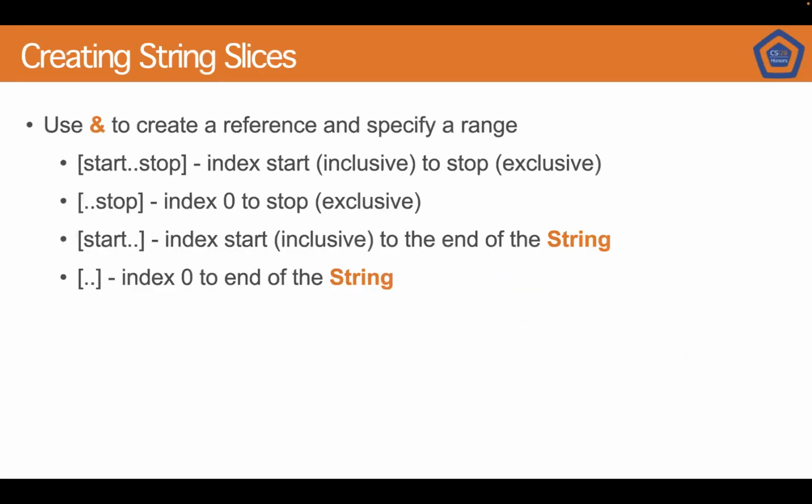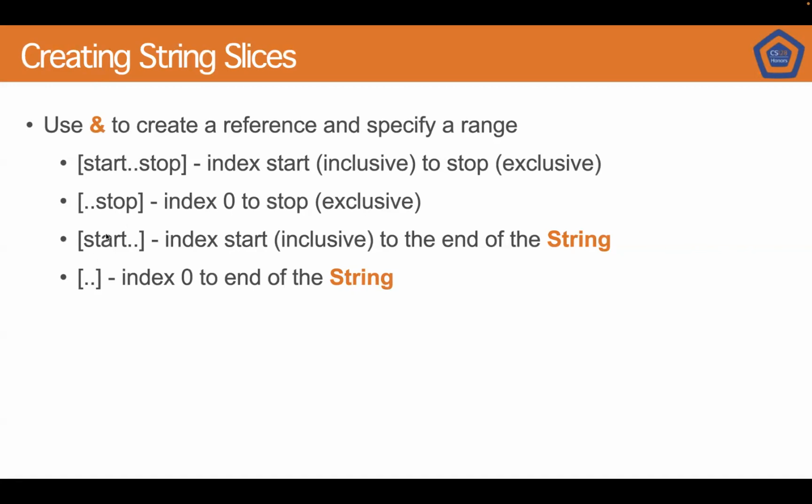So here are all the ways you can create a slice using Rust's range syntax. You can have one with a starting index and a stop index, where the starting index is inclusive and the stop index is exclusive. You can have a range with just a stopping index. In this case, Rust will infer that you want to start at the beginning of the string, and it'll go until the value right before stop.